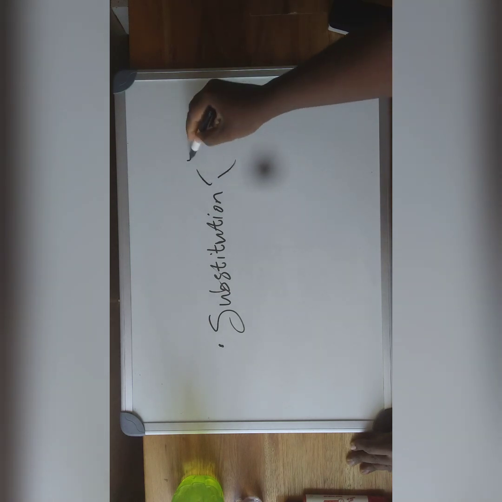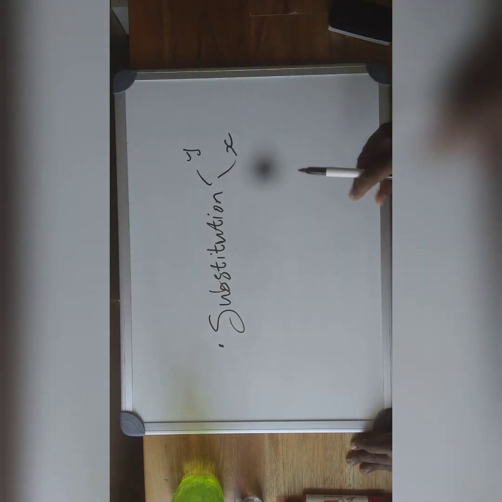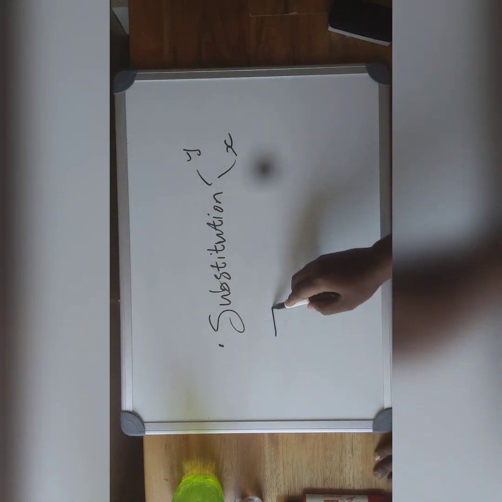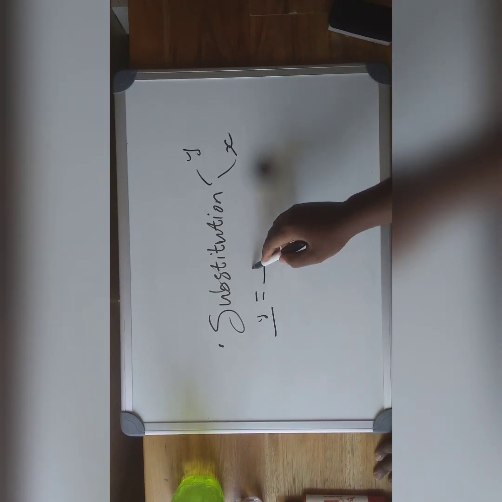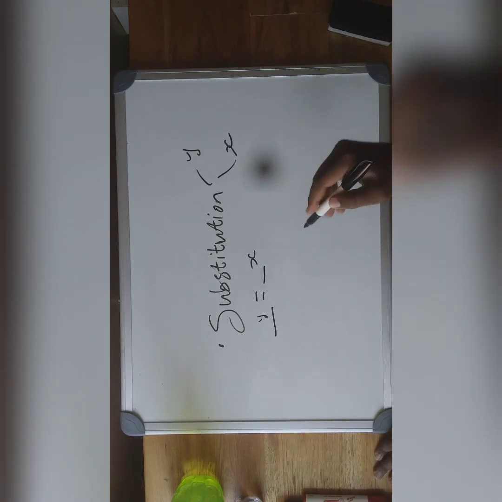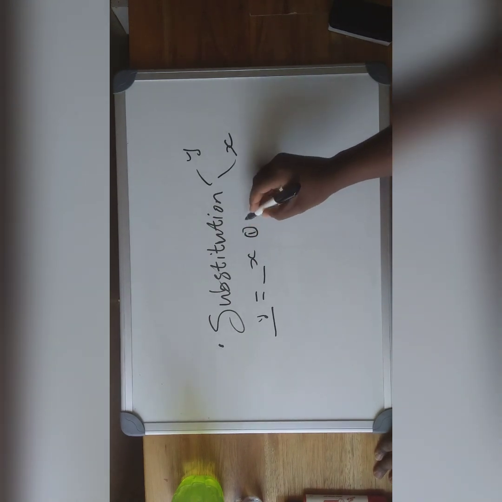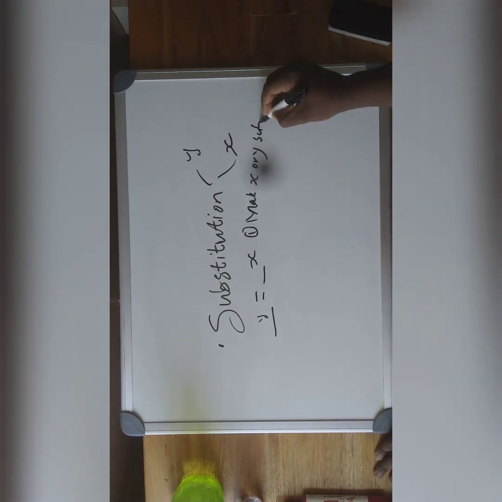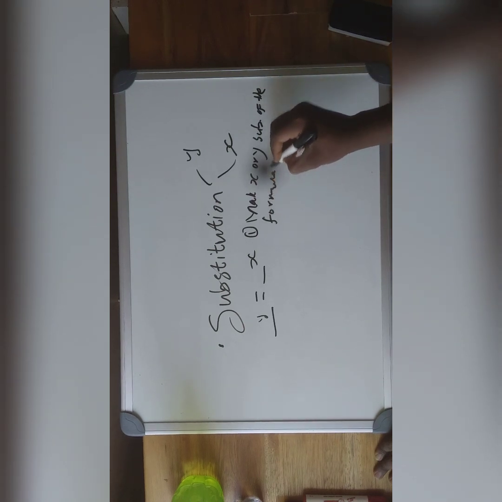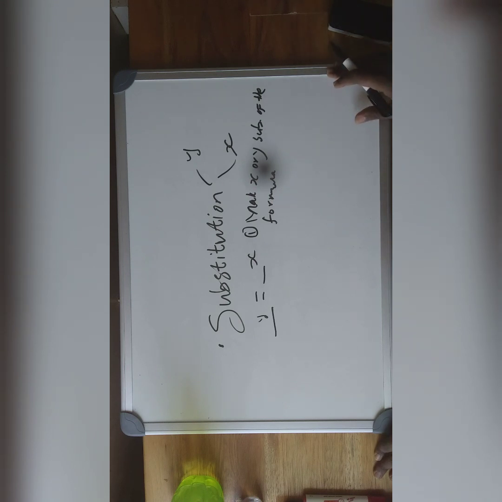So substitution is where you have to find both y and x simultaneously. So let's just say we have something, it has y in it, being equal to something which has x in it. So what can we do first? Number one, make x or y subject of the formula.